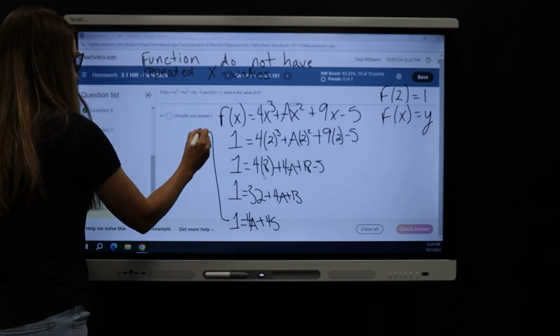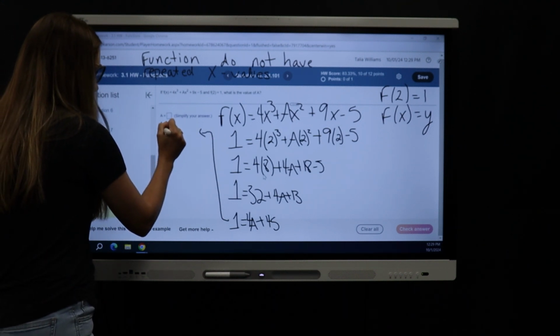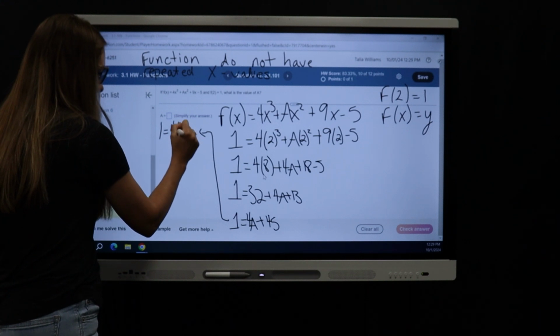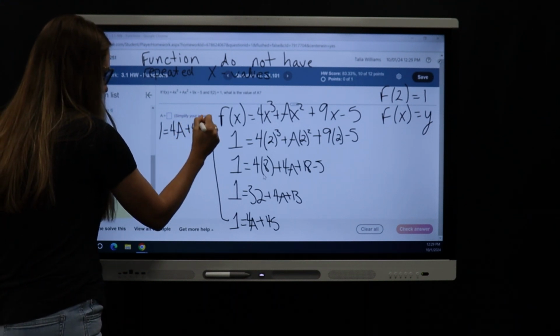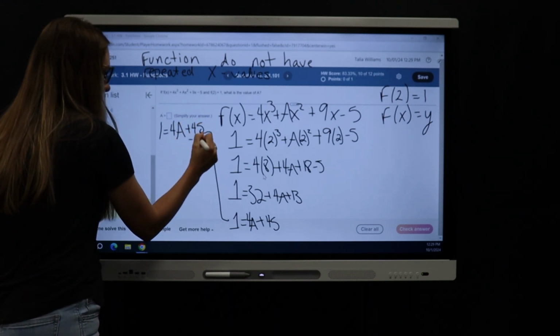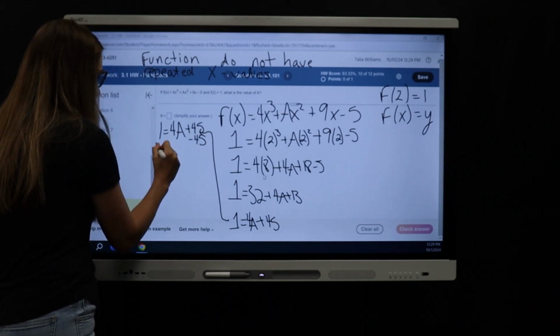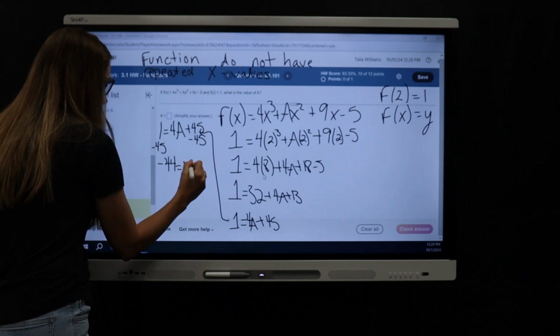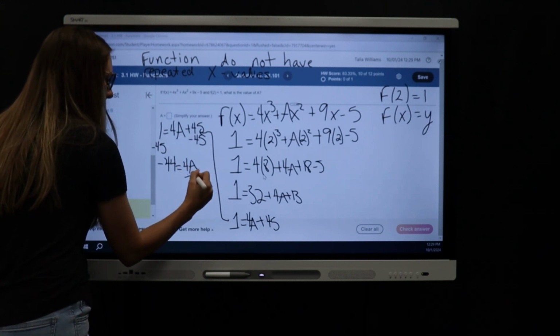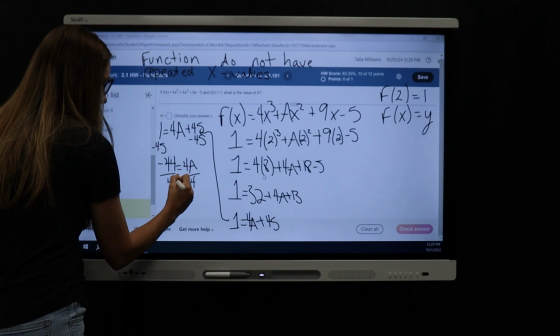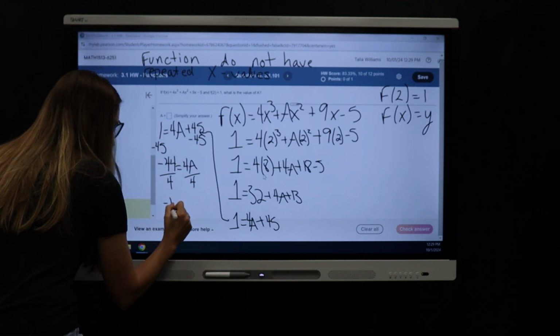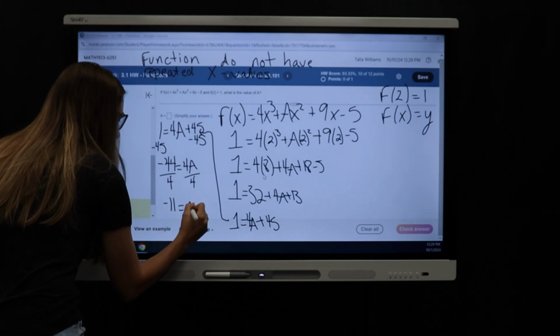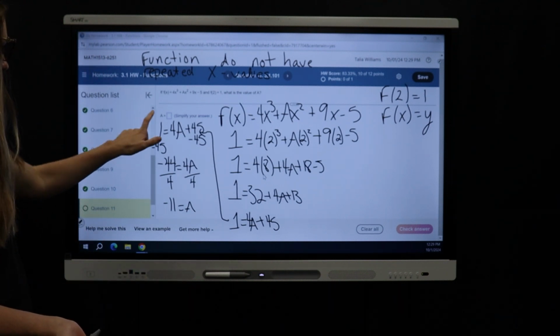This is backwards, sorry y'all. So 1 equals 4a plus 45. No, I'm gonna continue. So I'm gonna subtract 45, because we're solving for a. So I'm gonna have negative 44 equals 4a, divide by my 4. So we have negative 11 equals a. And that's what they want.